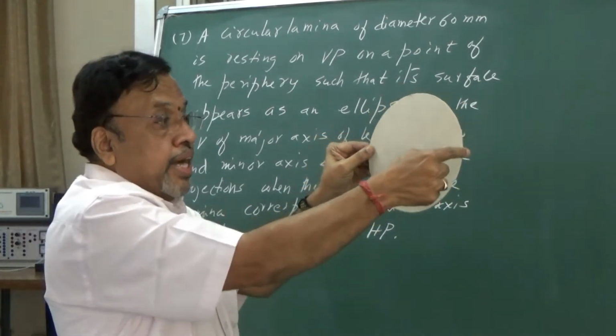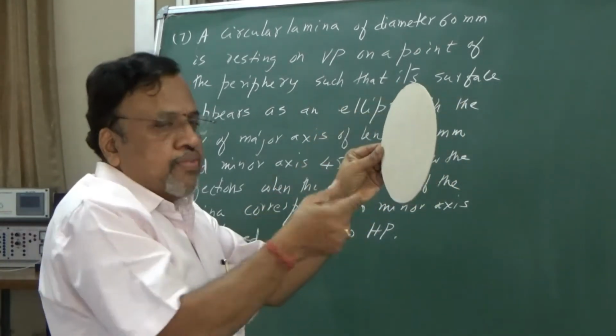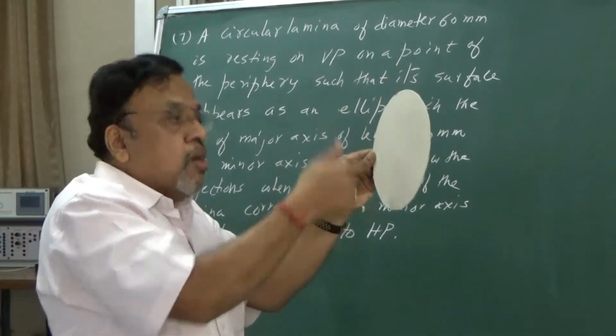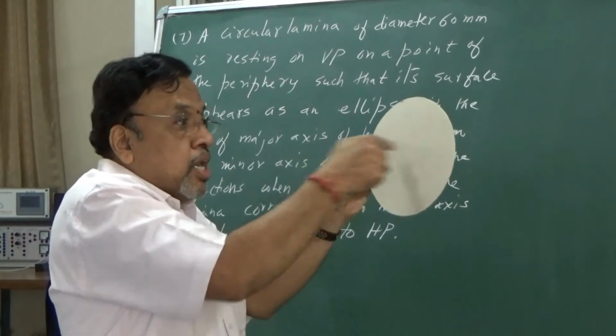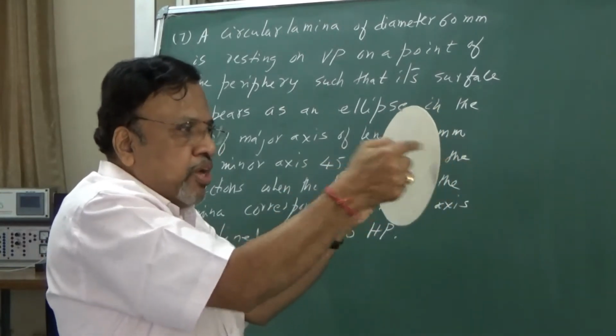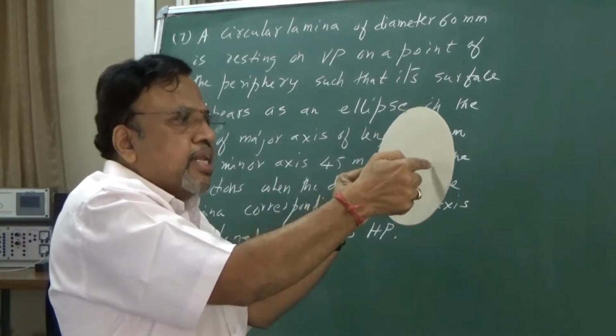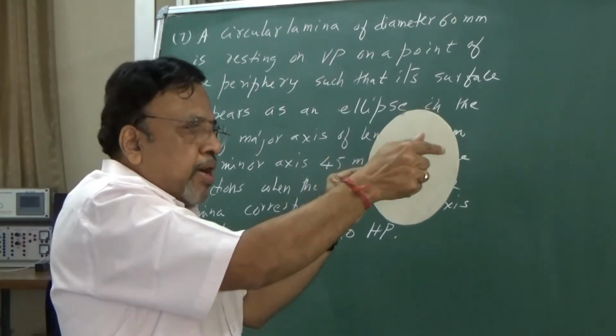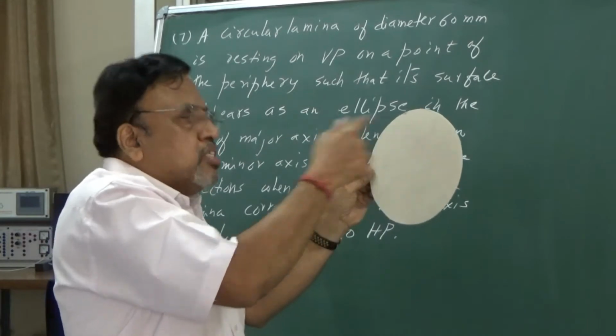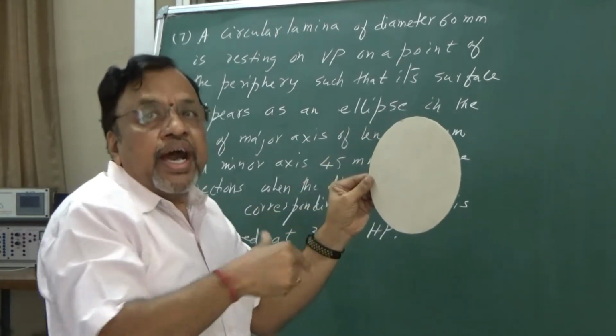If I rotate in this way, your vertical diameter will not change. That means it remains the original diameter, that is your 60 mm in this particular problem. Whereas your horizontal diameter is getting decreased, and that is an apparent length. Since this diameter is decreasing, you are going to see that particular circular lamina as an ellipse.